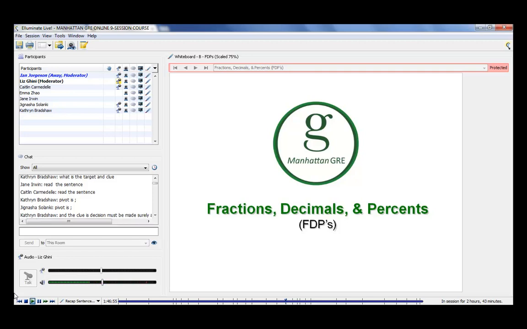We're going to do FDPs, and a lot of these problems can be done with a calculator. But again, technique is very important in terms of speed. First thing I'm going to do, I'm going to switch up our polling. All right, back to multiple choice, although we have a lot of answers where we're going to be typing in numbers. So why are we doing FDPs?